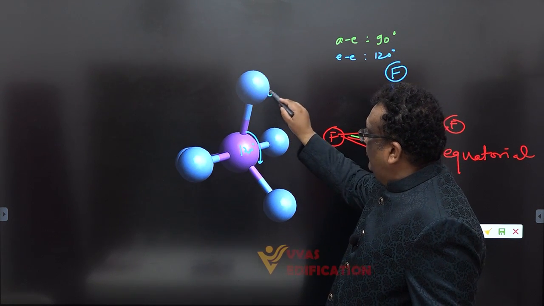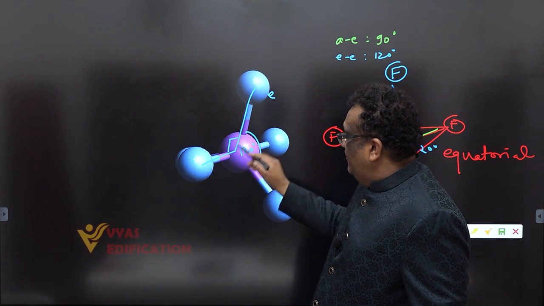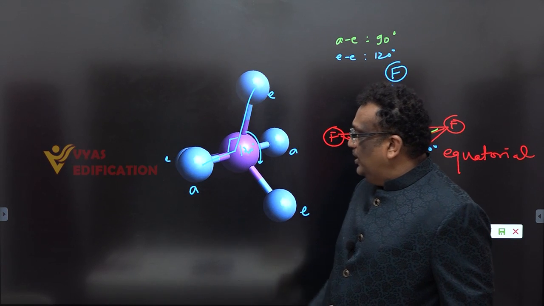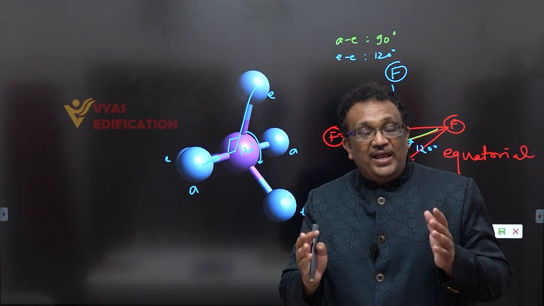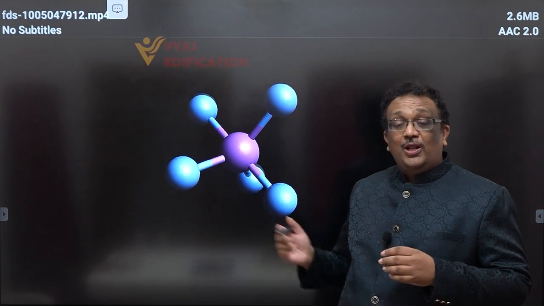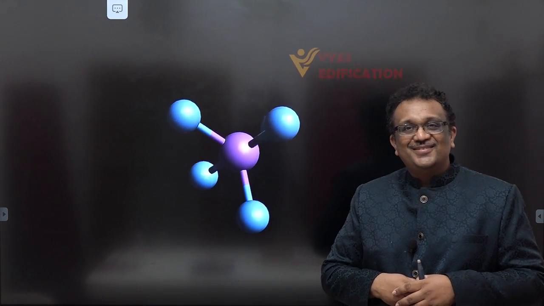So this is equatorial. And this, they are perpendicular. This is axial. And there is one more small equatorial at the back. This is the structure of AsF5. Observe the most unique trigonal bipyramidal structure once again in its 3-dimensional movement.